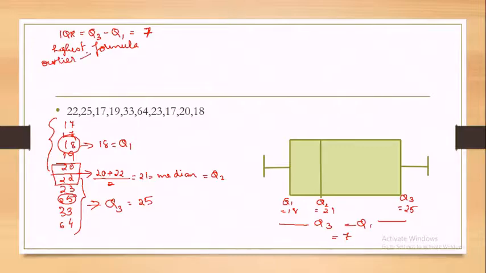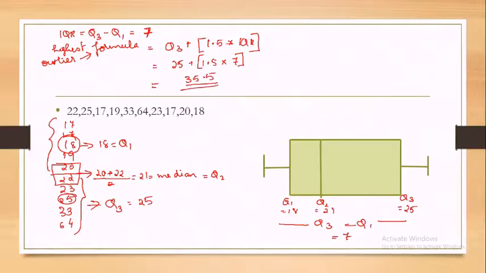So this is equal to Q3 plus 1.5 multiplied by IQR, which is equal to your Q3, 25, plus 1.5 multiplied by IQR, which is 7 over here, which is equal to 35.5.